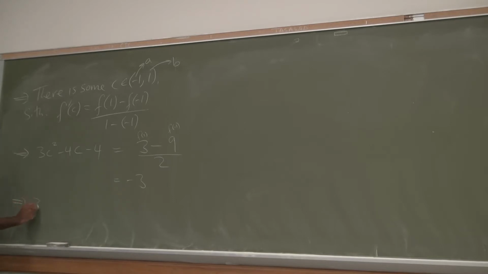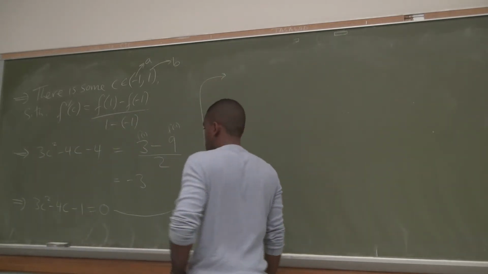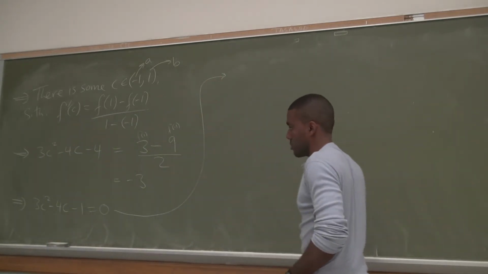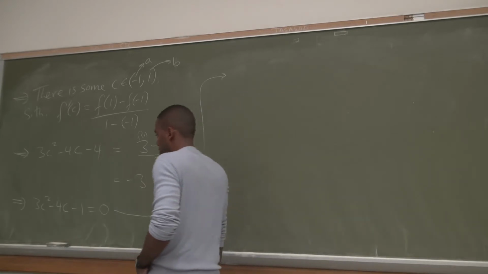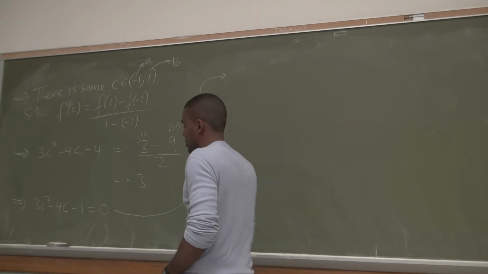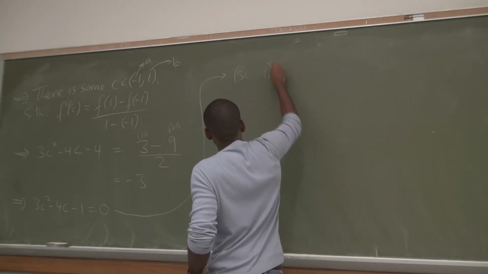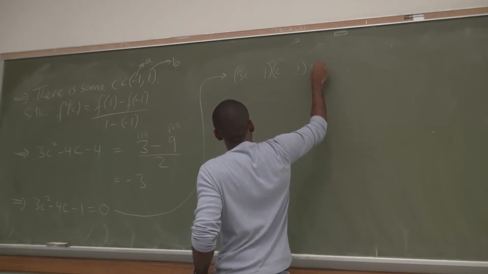This means you have 3c squared minus 4c minus 1 equals 0. How do we solve that? Does it factor? You can always check that. You try to factor, it would have to look like this.